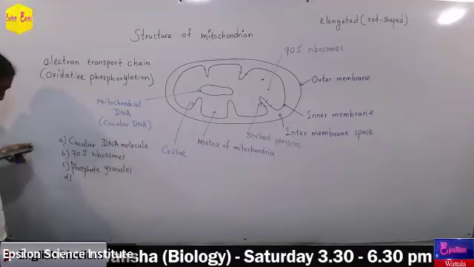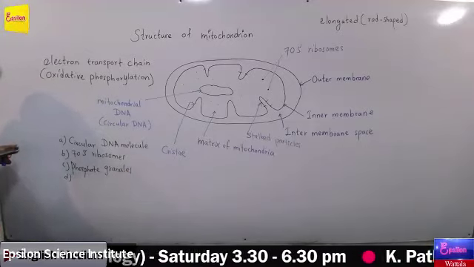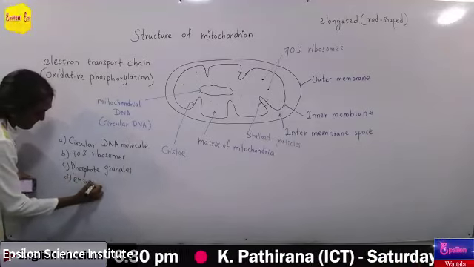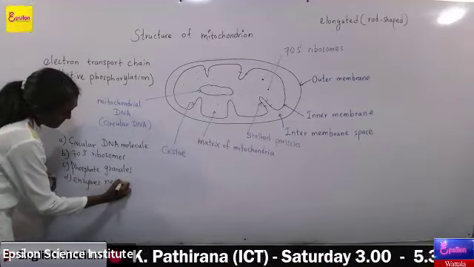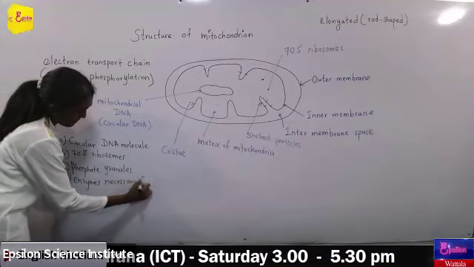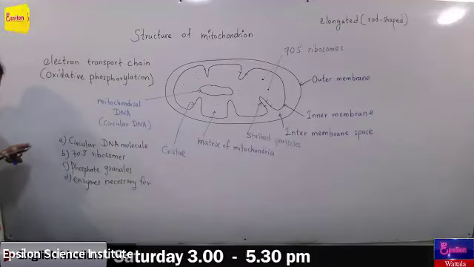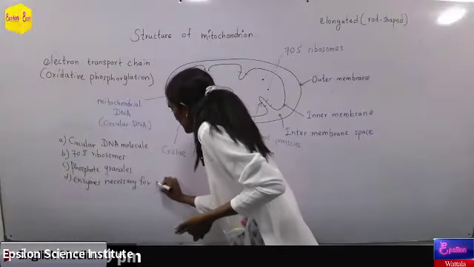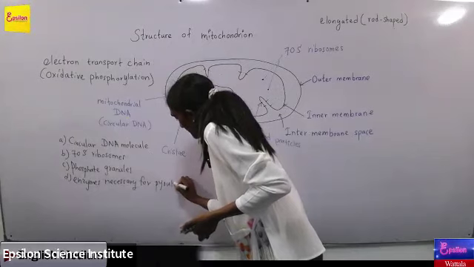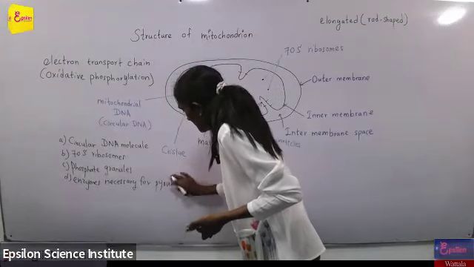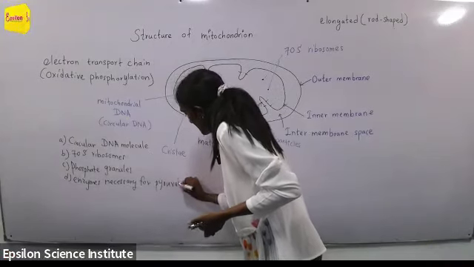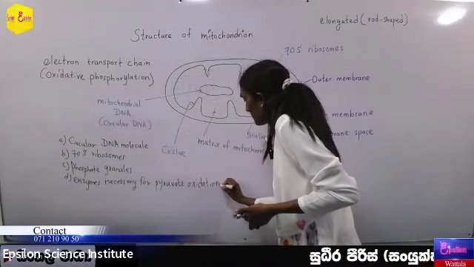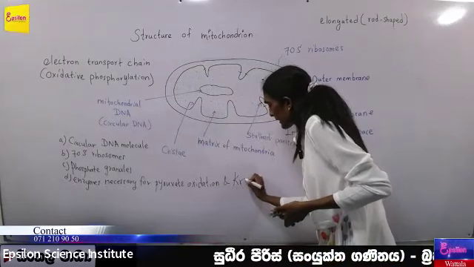D, enzymes necessary for pyruvate oxidation and Krebs cycle, K capital, right?